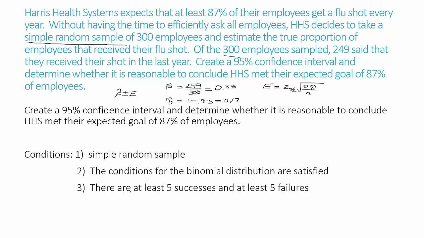Lastly, in order to use the normal distribution for an approximation, we need to have at least 5 successes and 5 failures, and we definitely meet that condition as well. Next, we need to figure out the value of z alpha over 2, and we're told in the problem to create a 95% confidence interval.